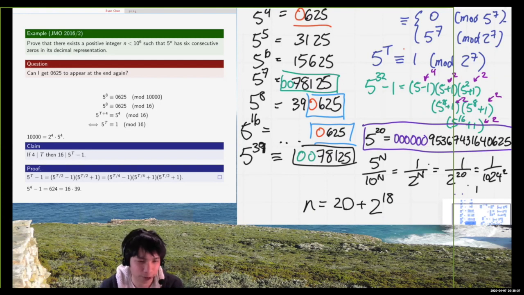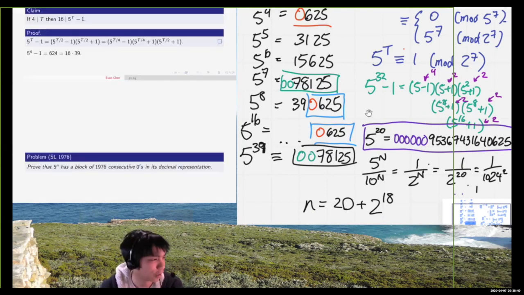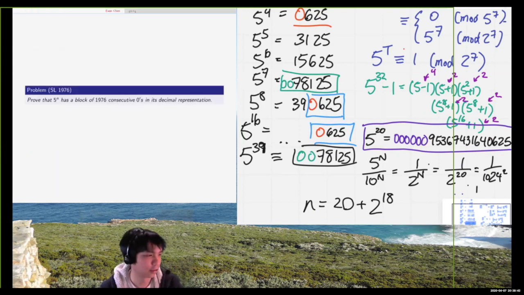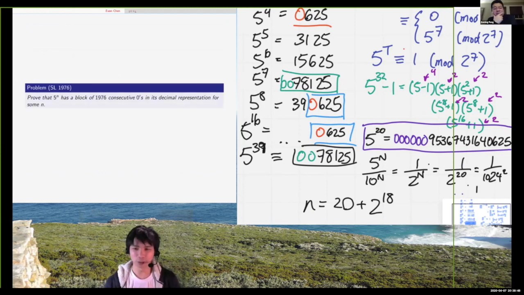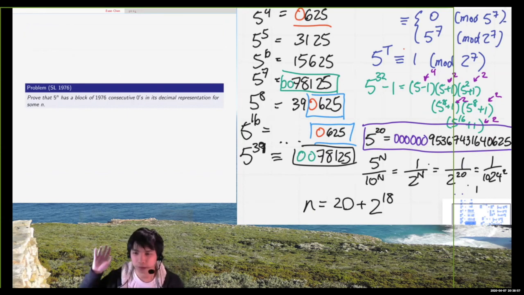It says prove that 5 to the n has 1976 consecutive zeros in its decimal representation for some n. So it's the same problem, but there isn't an explicit bound on n anymore. But the 1976 is a lot larger than 6. And obviously you can do this problem the same way here, and you'll get an n on the order of 2 to the 19 or so.